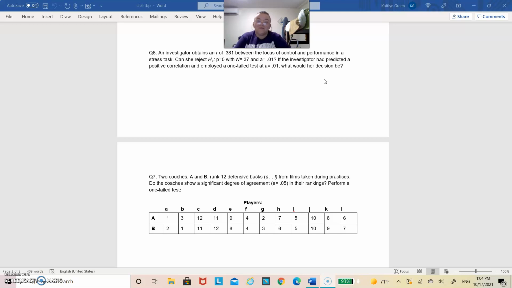We have a DF of 35, and so we take all that information over to table B, and we find that R critical is 0.418, and as you can see, 0.381 does not exceed 0.418, which means that we would have to fail to reject H0. So that would be part 1 of the problem.